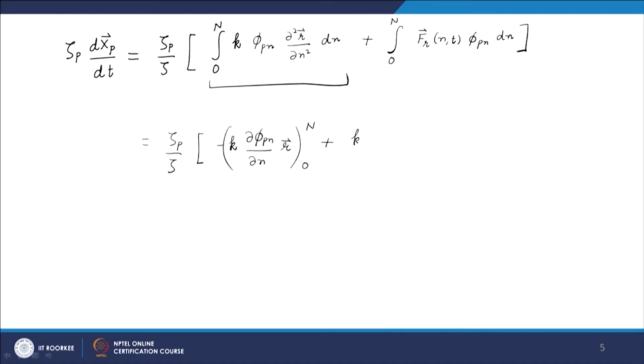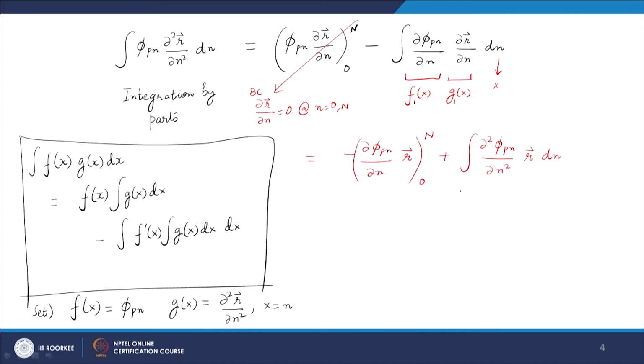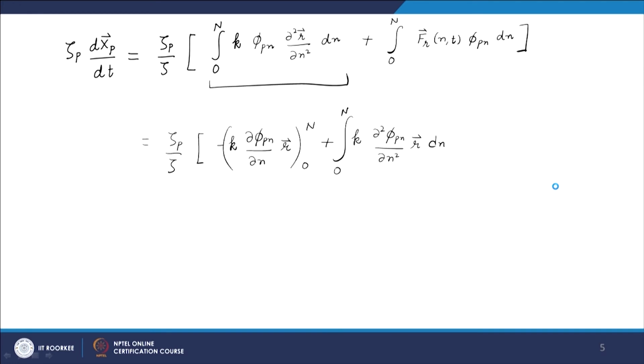plus k dou 2 phi Pn by dou n square r integrated from 0 to n. That is what we have gotten right here, and then the last term remains unchanged.